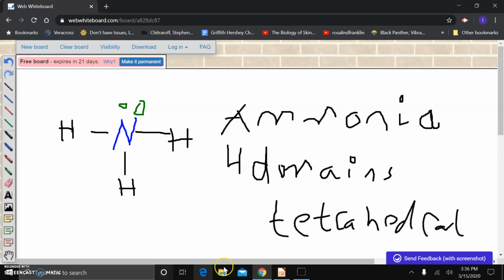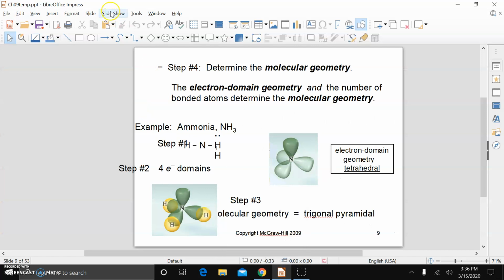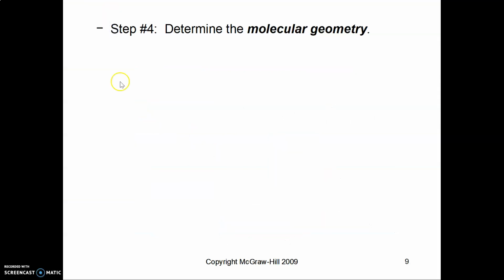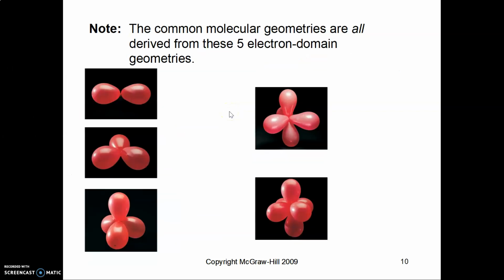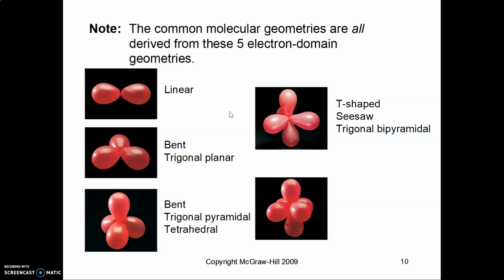But what is its molecular geometry? Well, let's take a look. I'm actually going to jump ahead a little bit because I think the next slide does it much better. So, ammonia would actually be trigonal pyramidal.